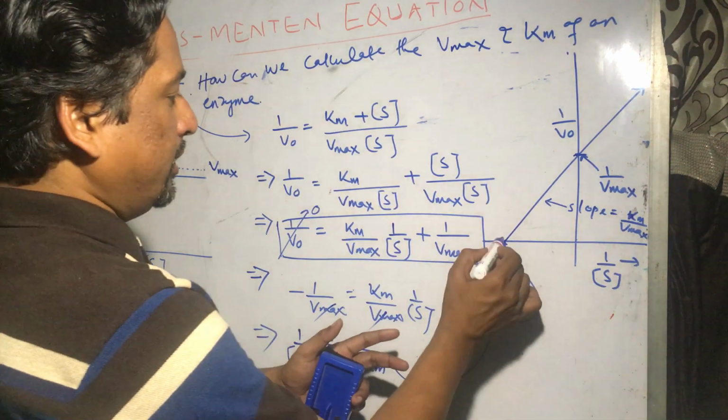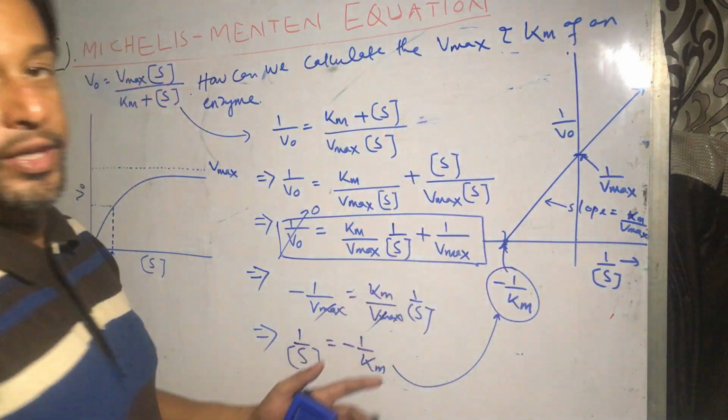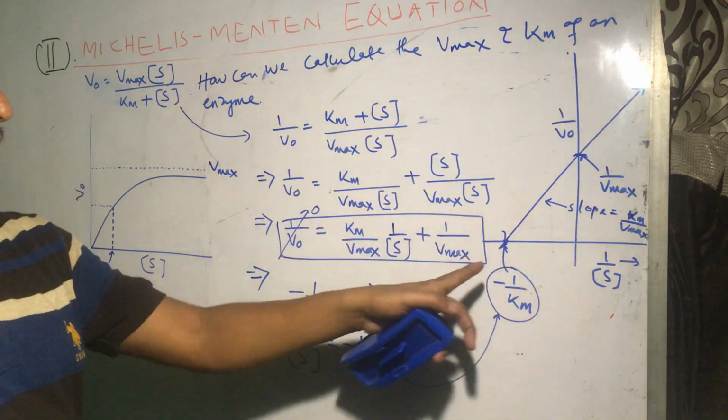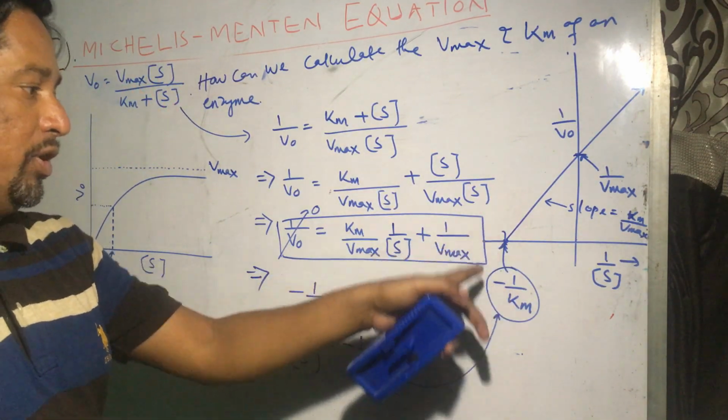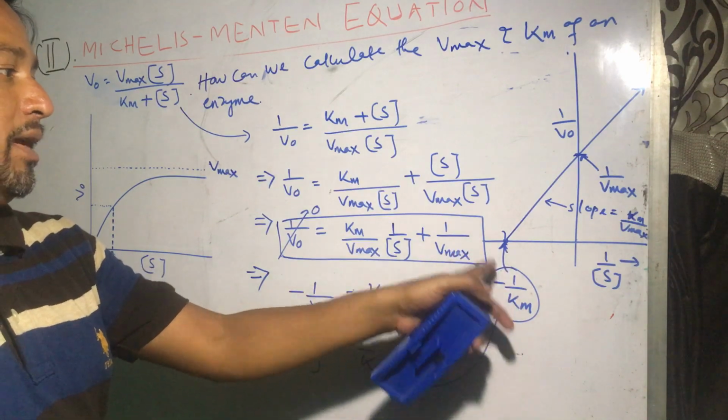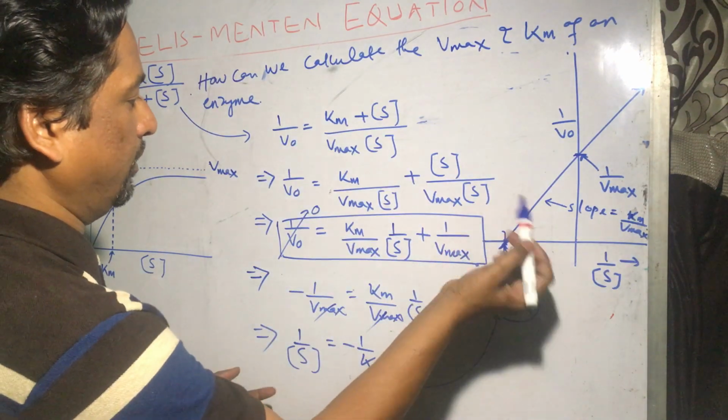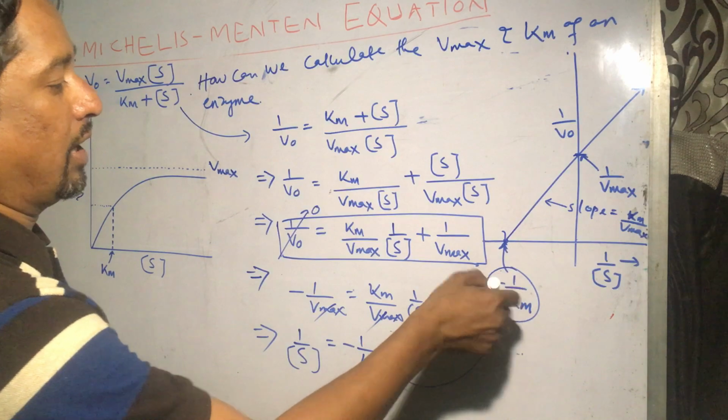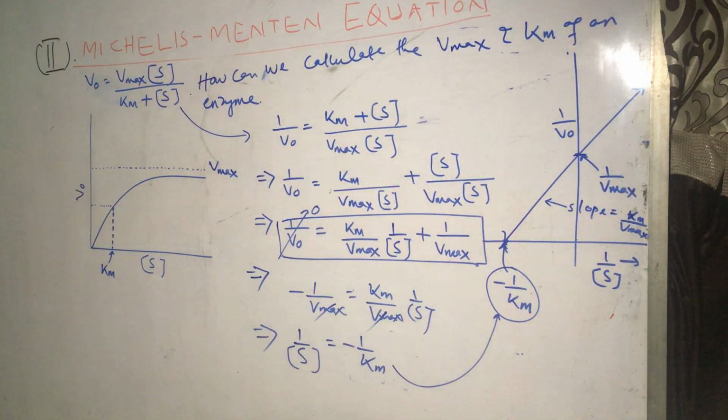Hence by knowing this point, this value can be derived from a graph, and if we know the value of minus 1 by Km is equal to certain xyz, we can calculate the value of Km.